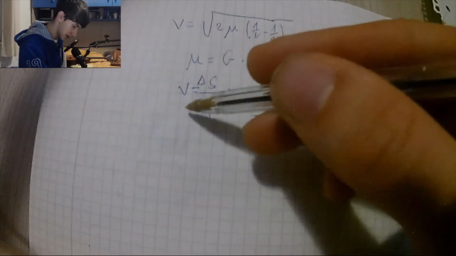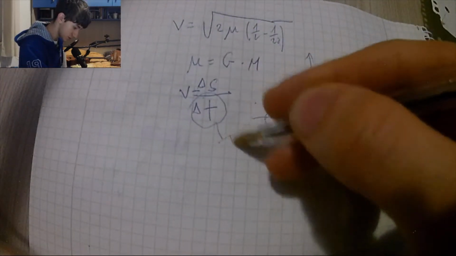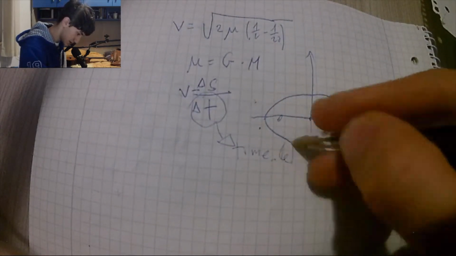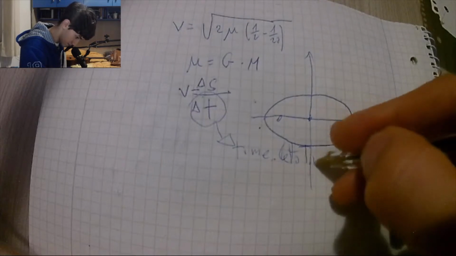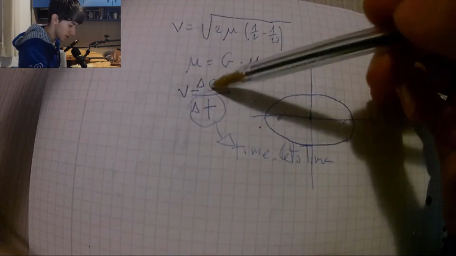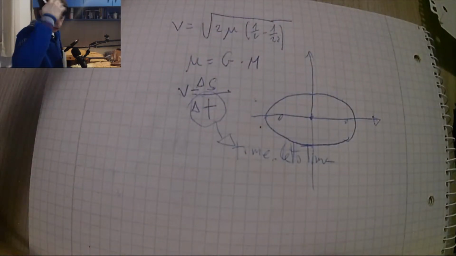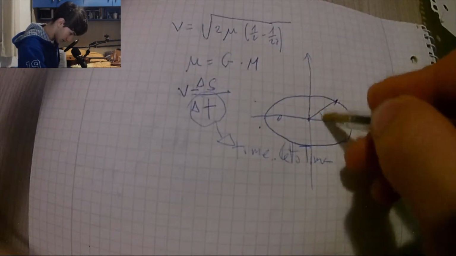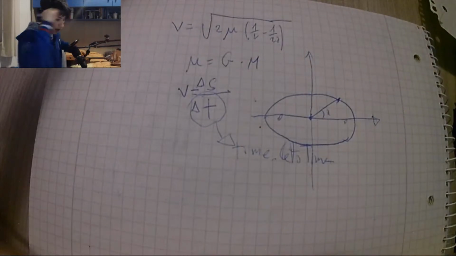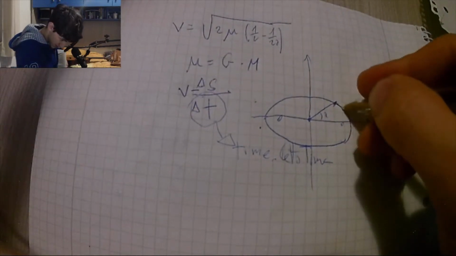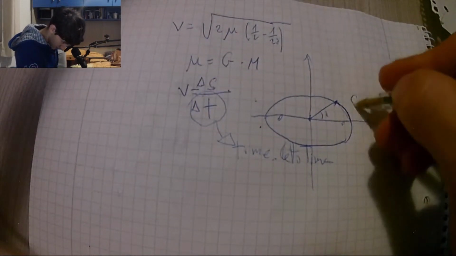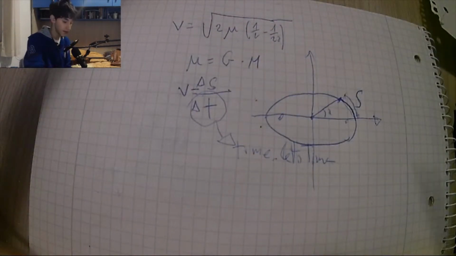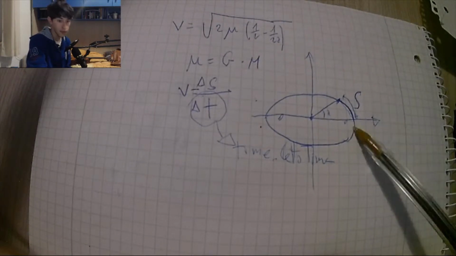And delta time is just what we call in Unity Time.deltaTime. Okay, how do we know the space? Well, let's just draw a point here. This is our angle, and this is the space. How do we find this space here?